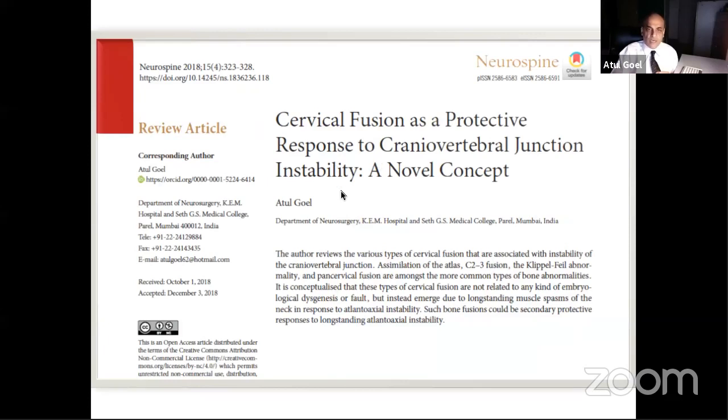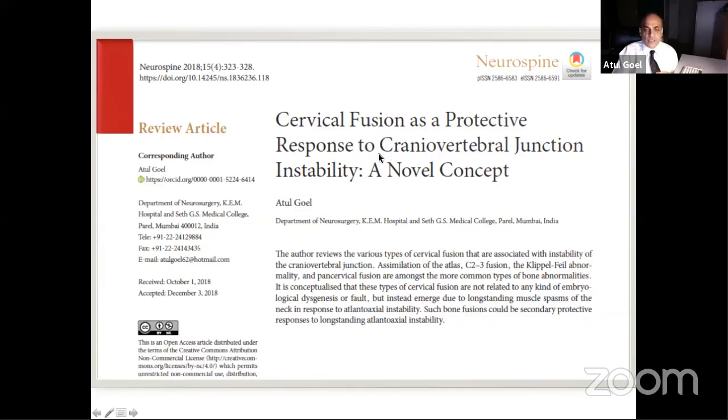So these are not abnormalities. These torticollis and short necks and short head and short spine are not abnormalities. They are natural reparative mechanisms. They are protective mechanisms.